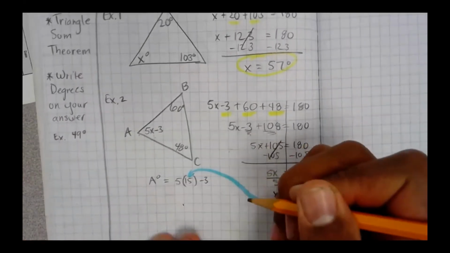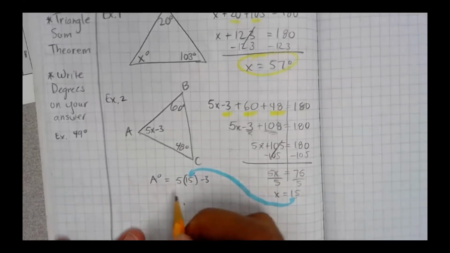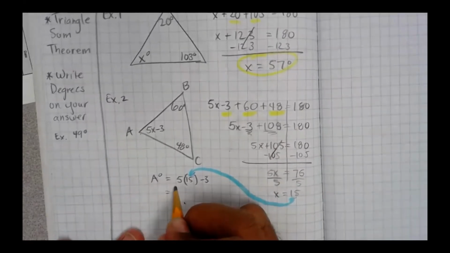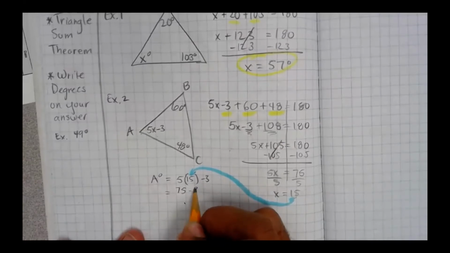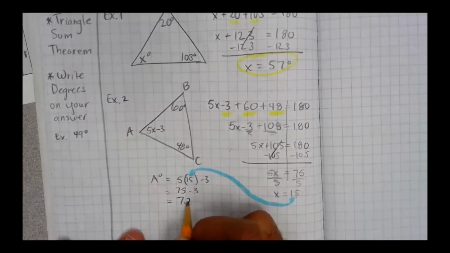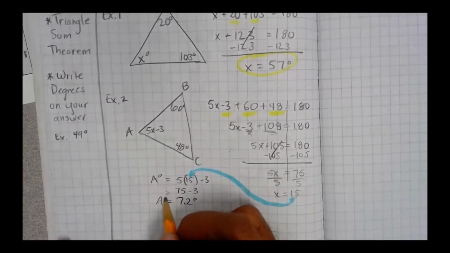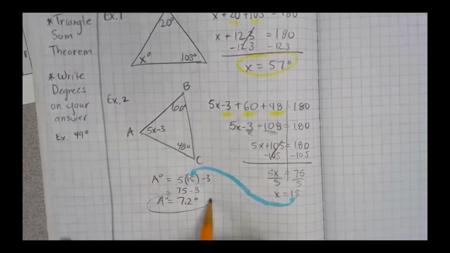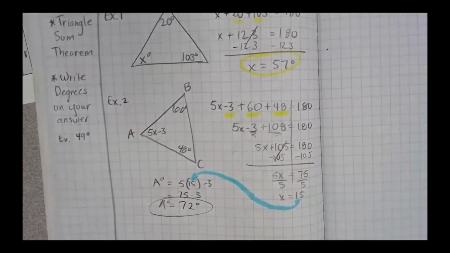And then subtract 3. Okay, so 5 times 15, 75, minus 3 equals 72 degrees. So that missing angle is 72 degrees.